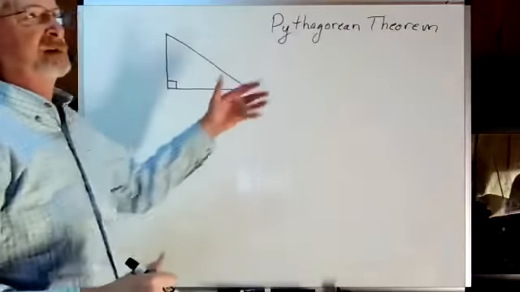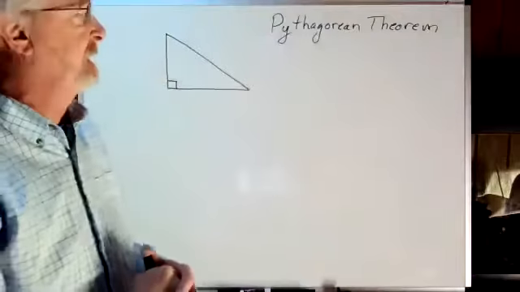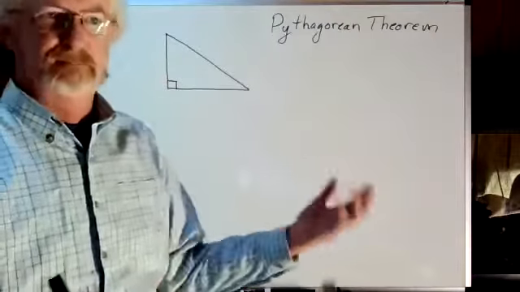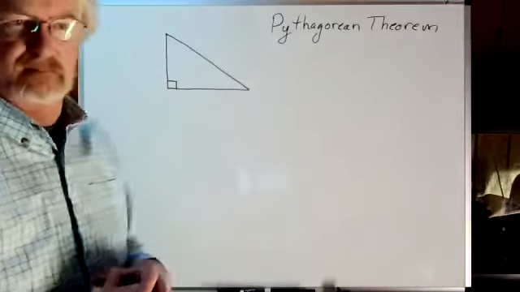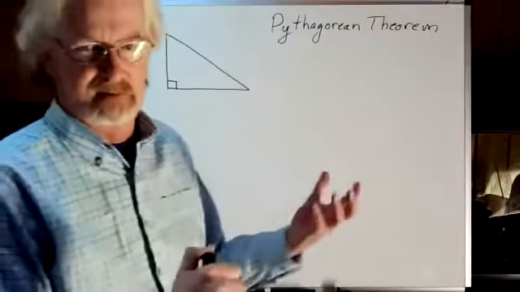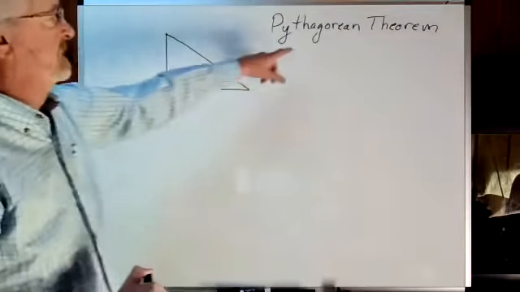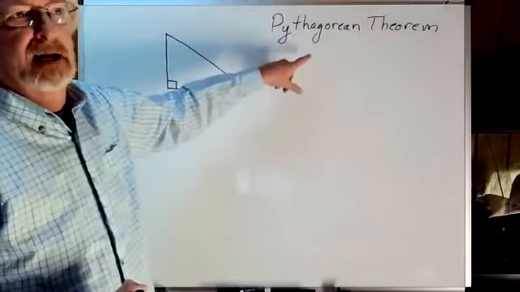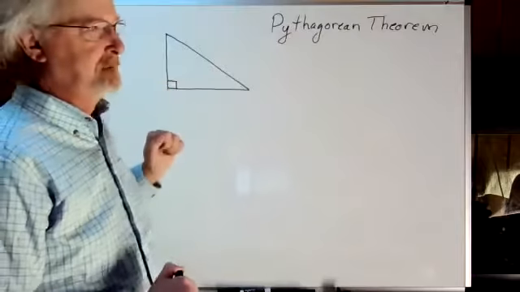Now, a theorem is like a mathematical rule that's been proven. And it's been proven enough that we accept this concept as true, as you know, it exists, it's true. And Pythagorean is named after a Greek mathematician, Pythagoras.